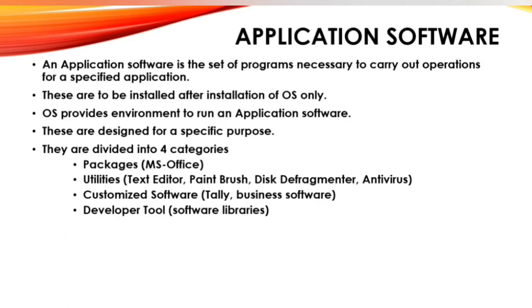Customized software is what you develop for satisfying the requirement of a business, like you develop library management software for your library, for issuing books or receiving books. So that is customized software.